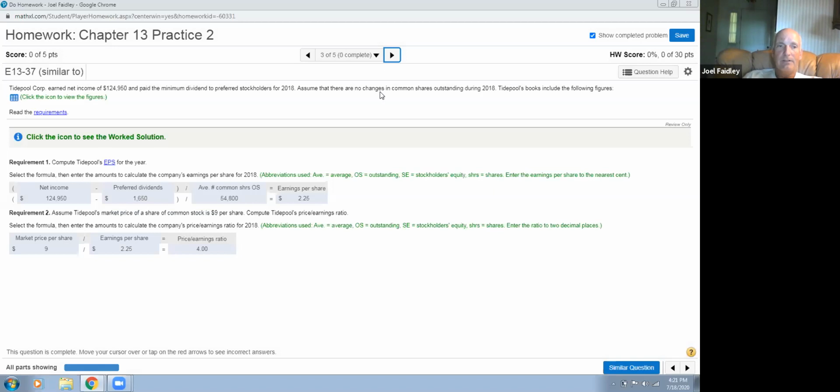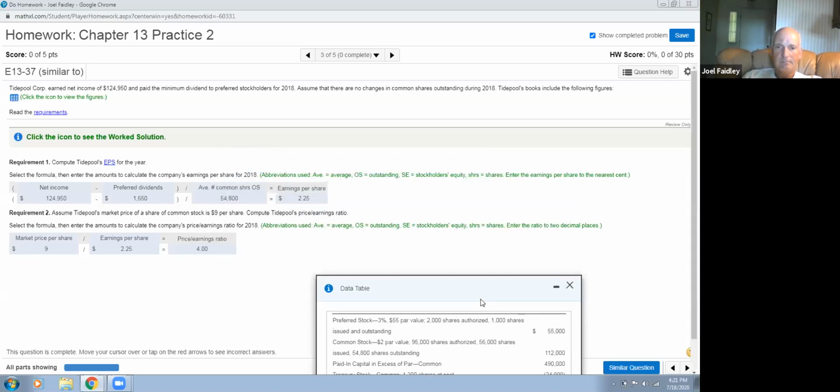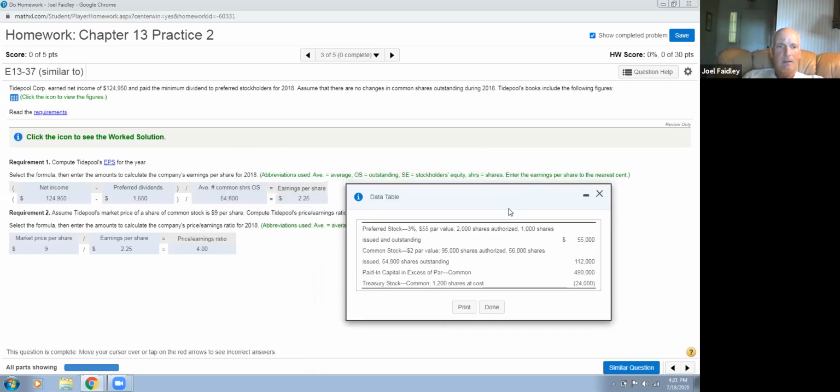All right, number 3. It's like some ratios here. Compute earnings per share. Well, net income minus preferred dividends. Why are you subtracting preferred dividends here?